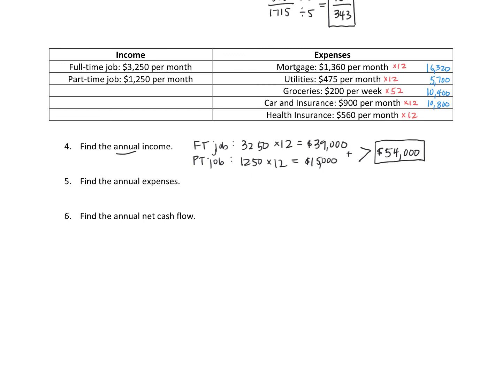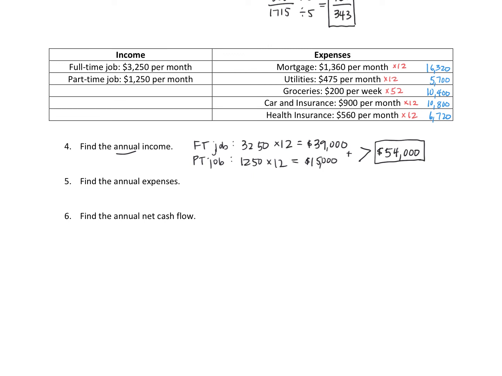And then 560 times 12 is 6,720. And so to find the total annual expenses, we just add all those numbers up.